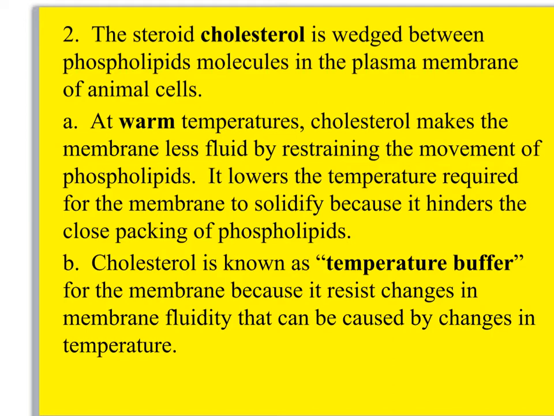So it lowers the temperature required for the membrane to solidify because it too does not allow the phospholipids to be closely packed. So basically, it's creating an extra space. This is why cholesterol is called a temperature buffer. It causes the cell membrane to resist changes in fluidity, and fluidity and temperature have a direct relationship.